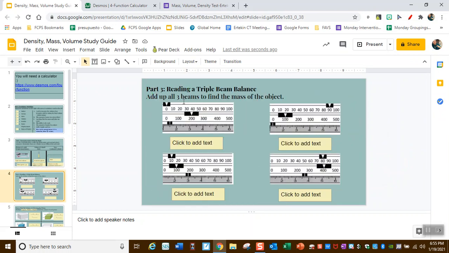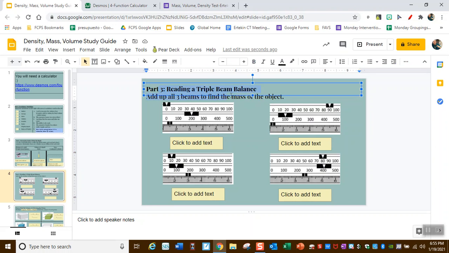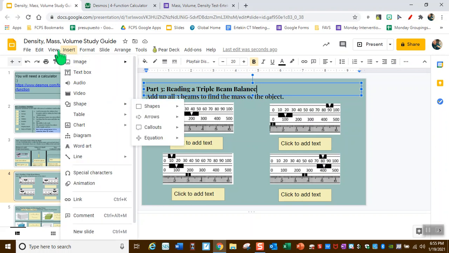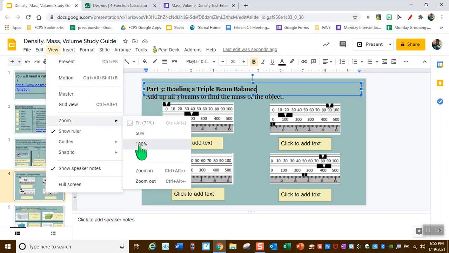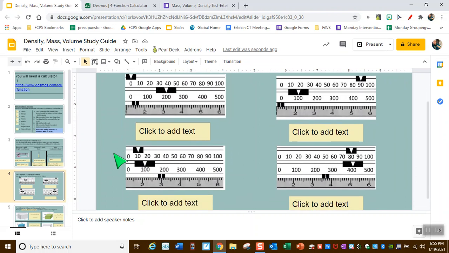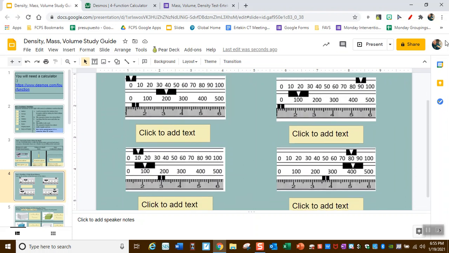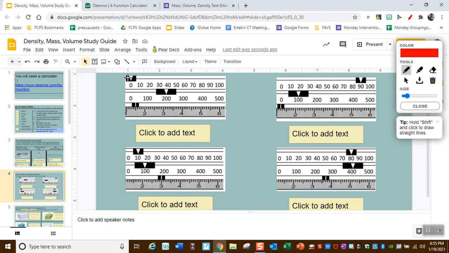All right, let's now practice reading a triple beam balance. Add up all 3 beams to find the mass of the object, okay? So let's do 2 of these together, okay? Very easy. You need to look at the 3 numbers on your triple beam balance, okay? And we have this one right here.